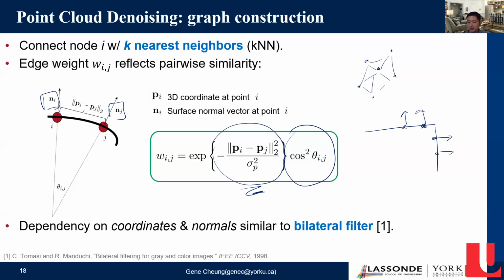You would say these points are similar, they should be aligned, whereas these points across different sides of the tabletop belong to different sides and are less similar. So you want a pairwise measure of similarity, and considering the angle difference between the surface normals seems to be reasonable.